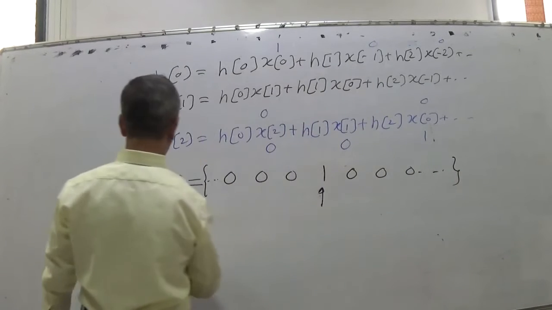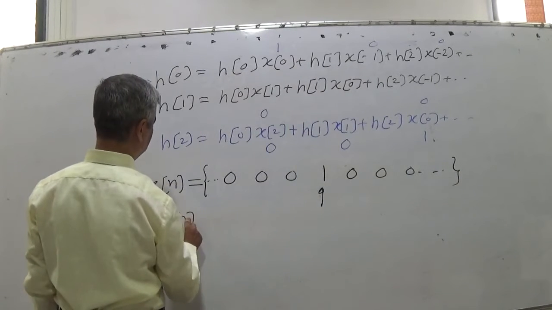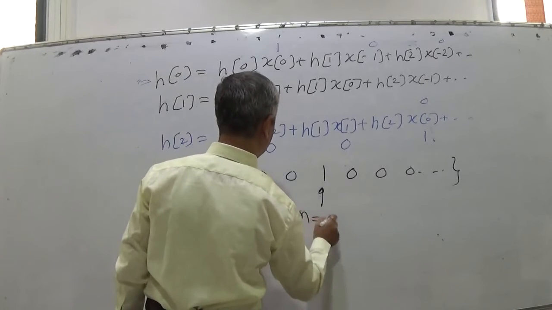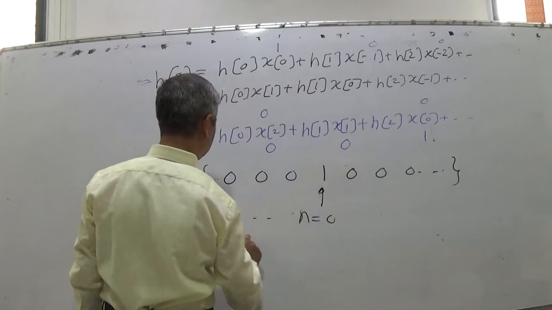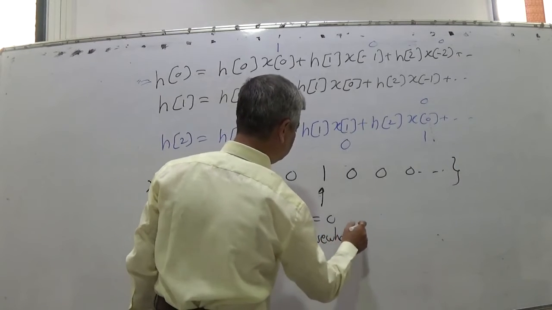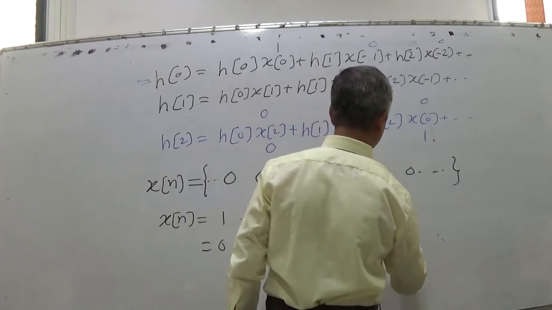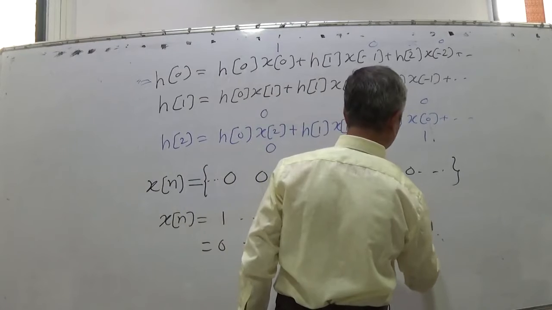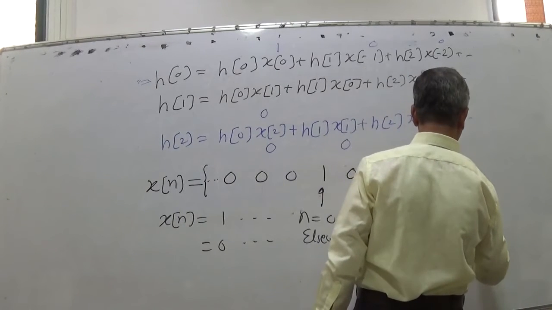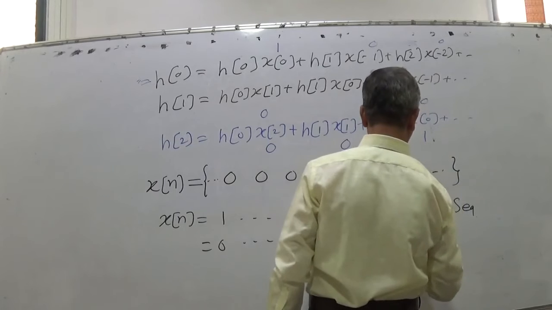Means xn is equal to 1 if n is 0 and equal to 0 elsewhere. This is called the unit impulse sequence, delta n.